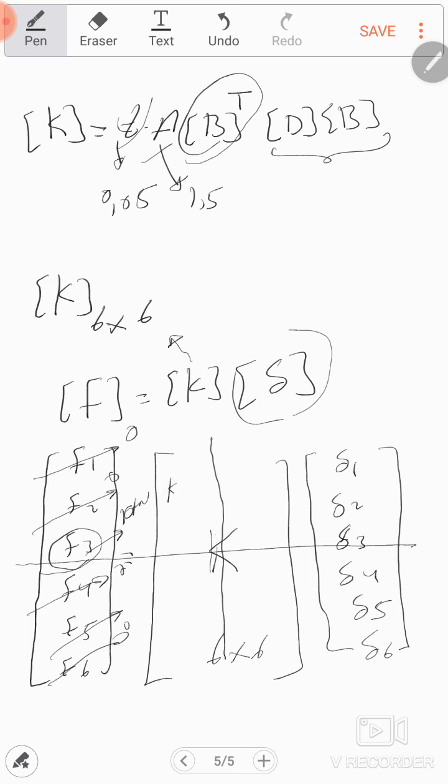Here I will call them K11, K12, K21 and K22.